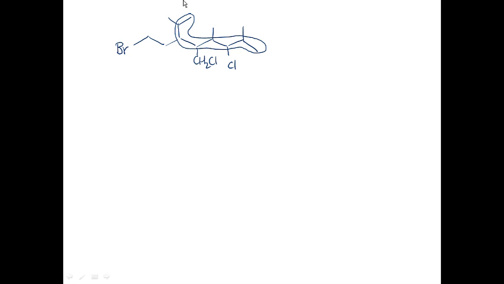So what substituents do I have here? Well, first of all, I've got a methyl. This group is a 2 bromoethyl.